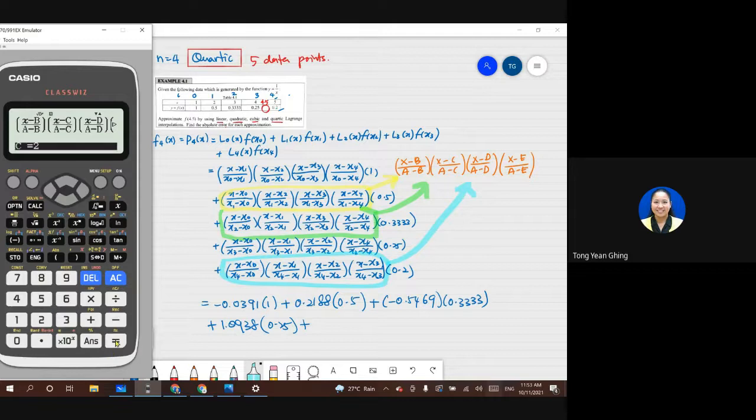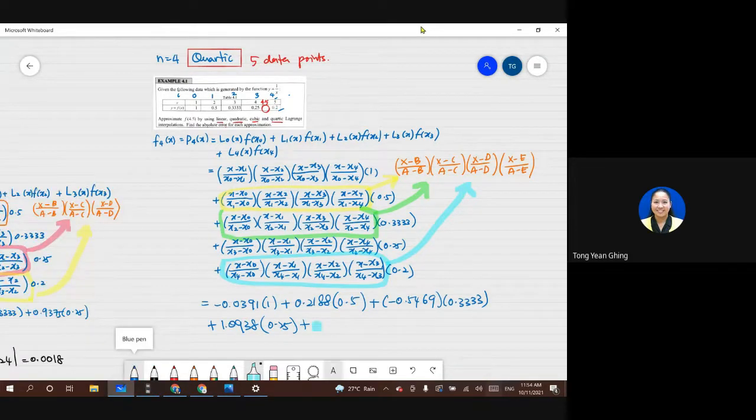Then c is x1, so x1 is 2, d is x2, which is 3, then e is x3, which is 4. So we get 0.2734, 0.2734 times 0.2.